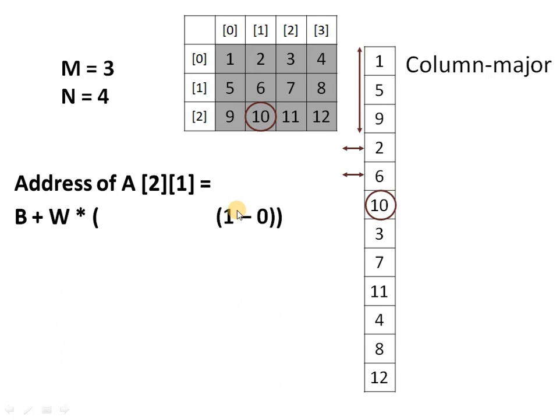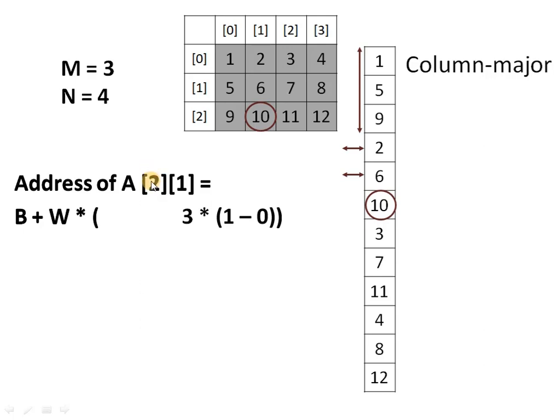Then this term has to be multiplied with the number of elements in each column, that is nothing but the total number of rows, which here is equal to 3. After reaching the required column, we have to skip 2 elements as is given by the first index.